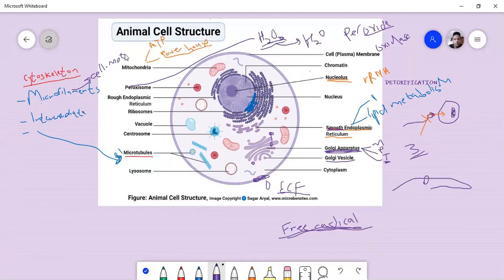You also have to know the two types of microfilaments, because we discuss them in detail when we do the muscular system or muscle physiology. The two microfilaments are your actin and your myosin.